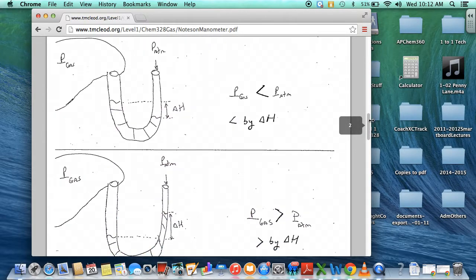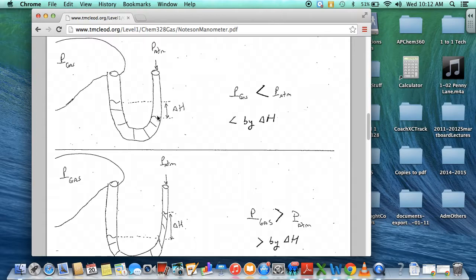Now, conceptually, without doing math, you can figure out the relative pressures between the two, the gas in the container and the atmospheric pressure. Because if you look, just like a seesaw, if this is the liquid level on this side and this is the liquid level on that side, this guy's fatter, heavier.